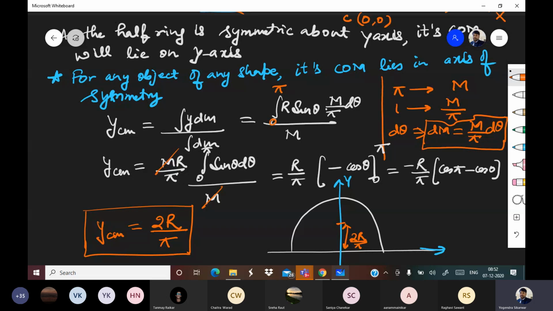So coordinates of center of mass will be, I am calling this the center of mass, x will be 0 and y is equal to 2r upon pi. How much is the distance of center of mass from origin? 2r upon pi.